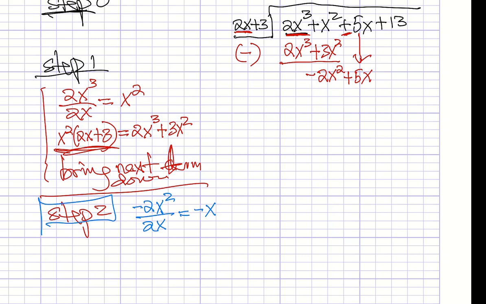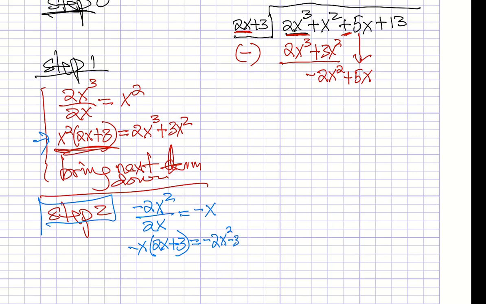And then we do what we did over here: we say negative x multiplied by the divisor. This is just mechanical. It's robotic. You just have to follow the steps and you come out with the right answer. So what is that? Negative 2x squared, right?